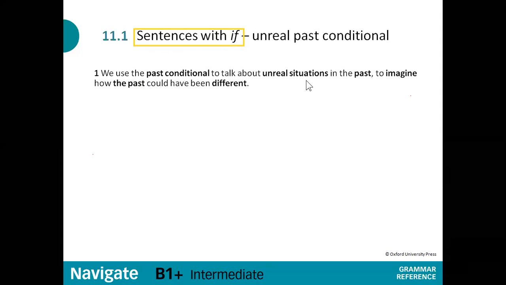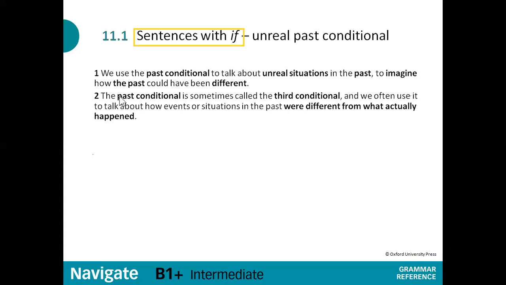Unreal situation means something happened in the past. Now it's too late, or in the past it was too late to change anything. That's why you imagine how the past could have been different.